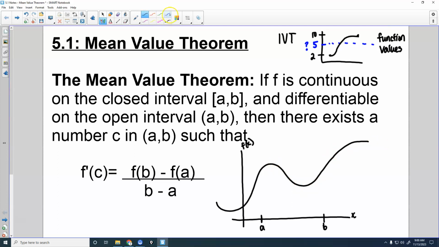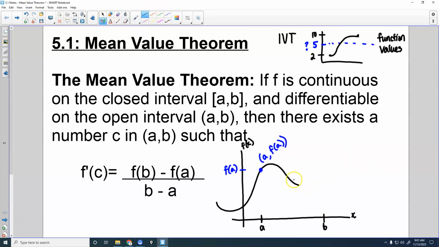What the mean value theorem tells us is that this point right here would be at A, so that would be f of A. Actually, let me change my graph just a little bit so it's easier to label.